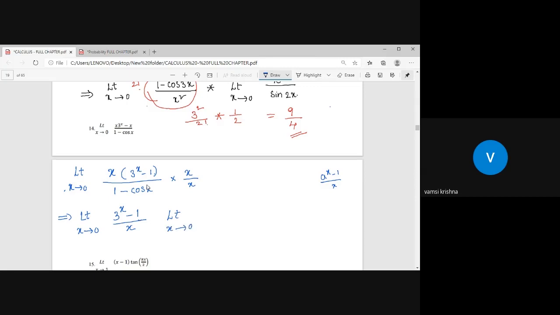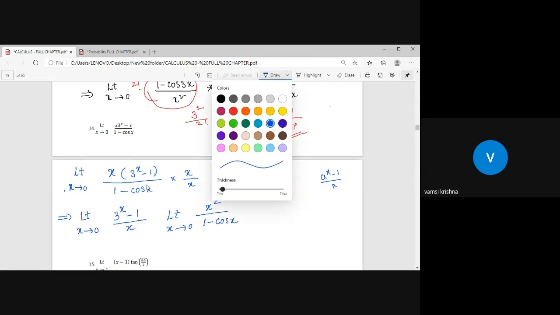Limit x tends to 0. So this x you taken here, and x into x square by 1 minus cos x, x square by 1 minus cos x.